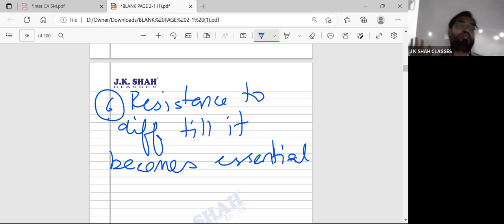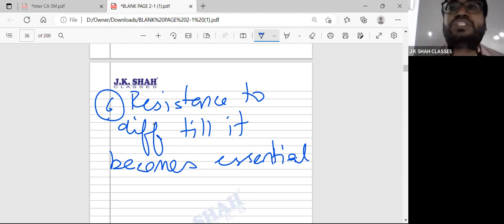Now 1 year has already passed, right? We are in December. They made this announcement in January. 2 more years you wait. And by the time you become chartered accountants, you'll have a Maruti electric car. Then the choice will be yours whether to buy or not to buy. You understood the 6th point?